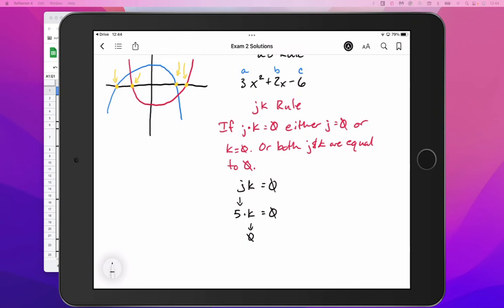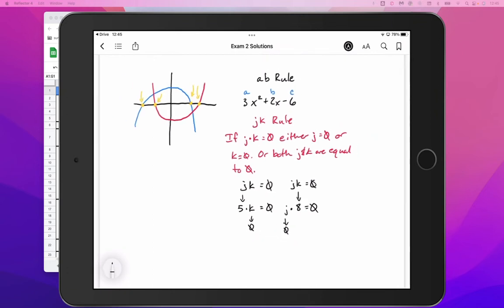Similarly with the JK rule, if I replaced K with 8, and I ended up with J times 8 is equal to 0, the only possibility would be that J would be equal to 0, because 0 times 8 is the only thing that makes 0. And so what they call the AB rule and what I'm calling the JK rule is saying that when we multiply two things together, if either one of them is 0 or both of them are 0, the whole thing will be 0.